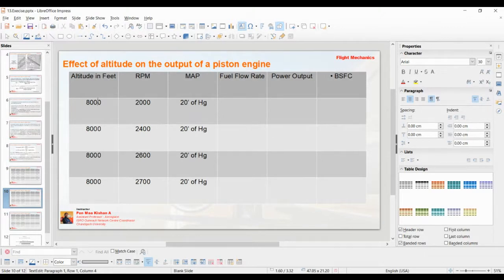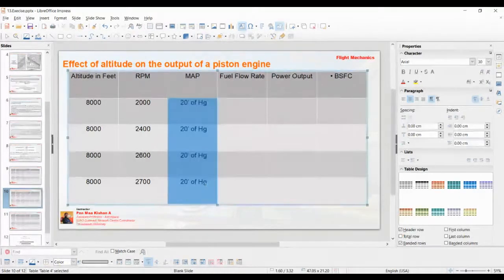If you want to fly over the Himalayan mountains, 8,000 feet will be a little bit okay, right? So if I want to fly at 8,000 feet for a longer time and find which RPM gives better performance for my aircraft, then I'm just changing the RPM value, but I have kept the manifold air pressure the same.